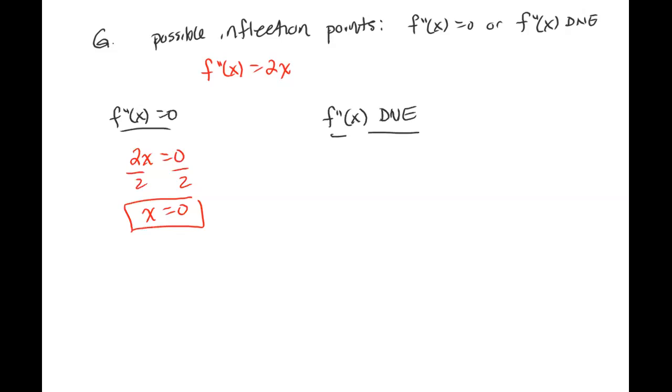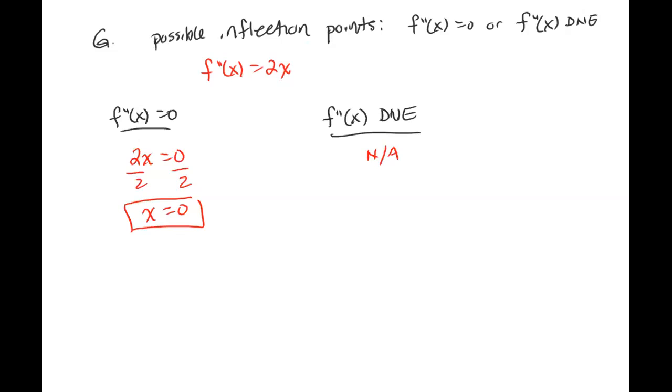Well, again, f double prime is a polynomial. There are no locations where it does not exist, so I don't get any possible inflection points from that. Okay, so I have critical numbers, and I have one possible inflection point.